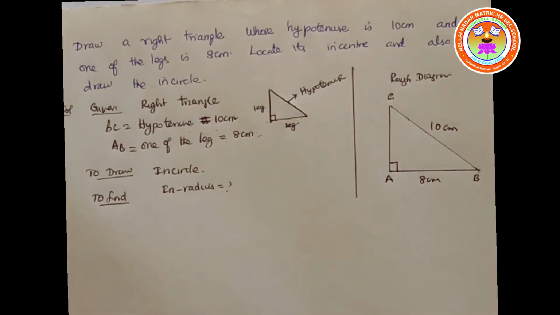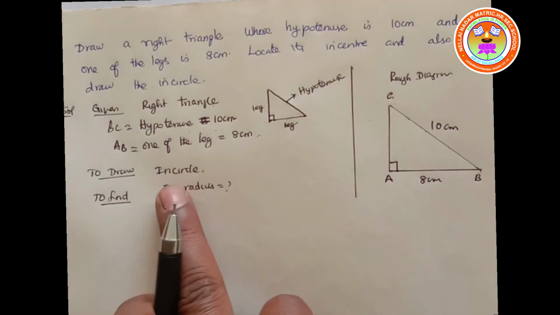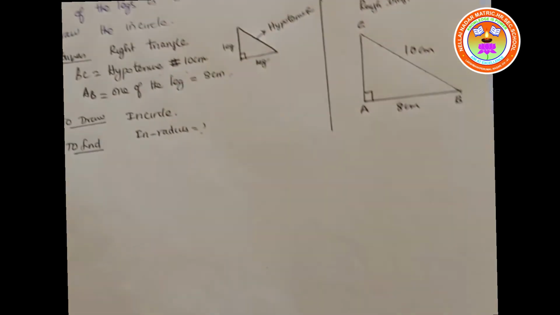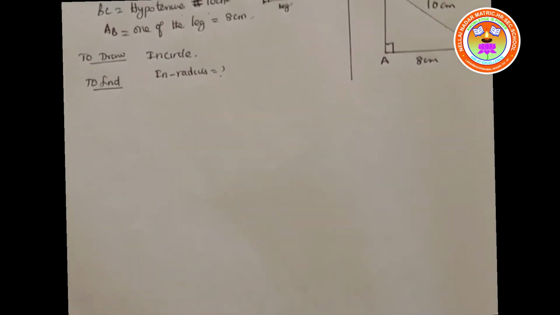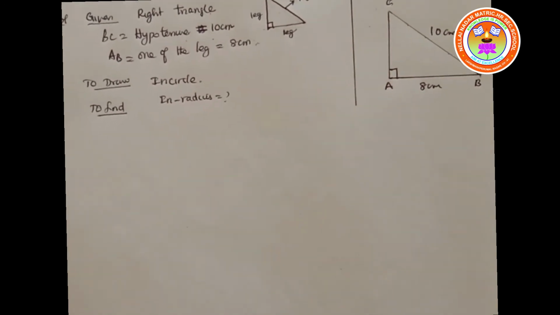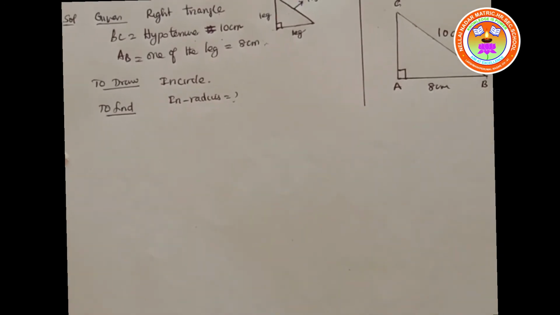Is it clear, children? This is a rough diagram. Now we are going to draw a fair diagram. So you have to draw the incircle and find the inradius. Step 1. Draw AB equal to 8 centimeter. Draw a triangle first with sides AB equal to 8 centimeter, BC equal to 10 centimeter and angle A equal to 90 degree.